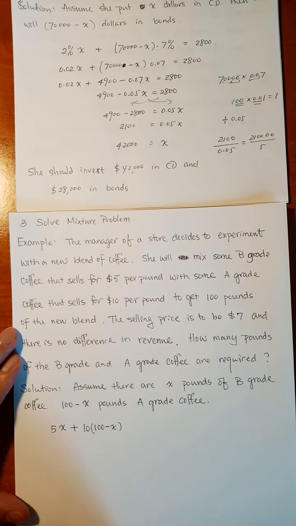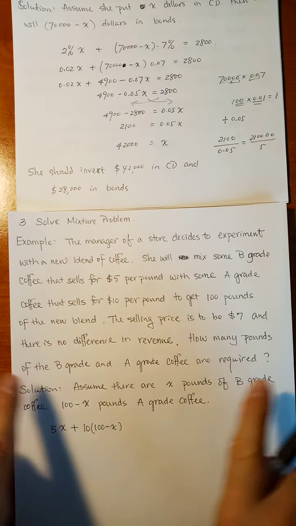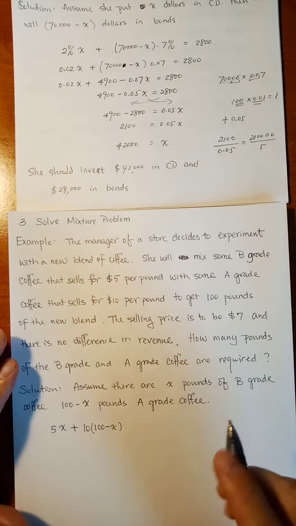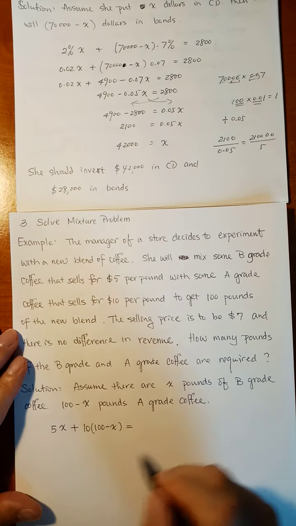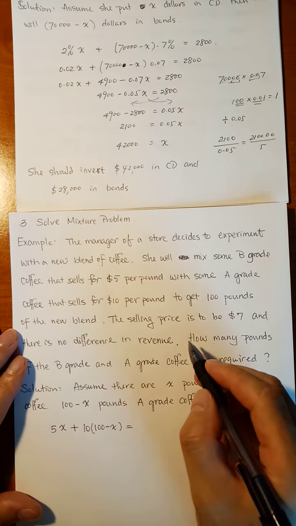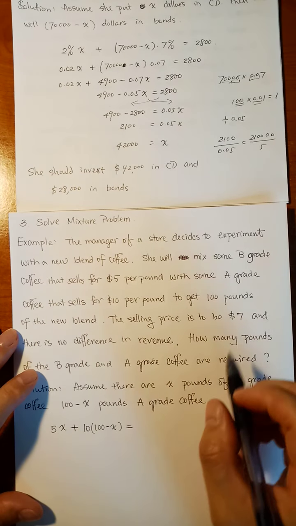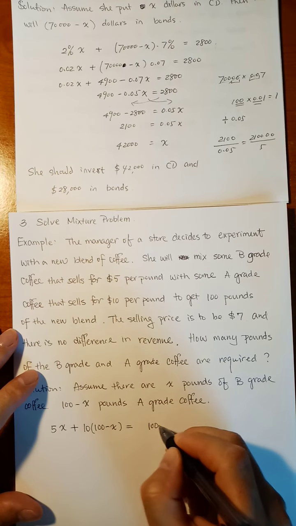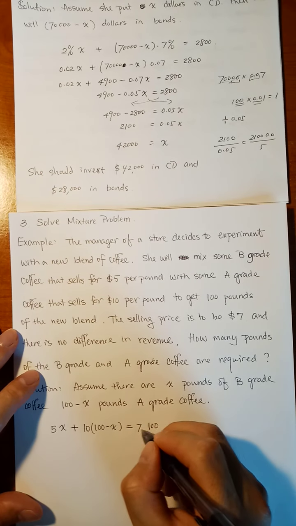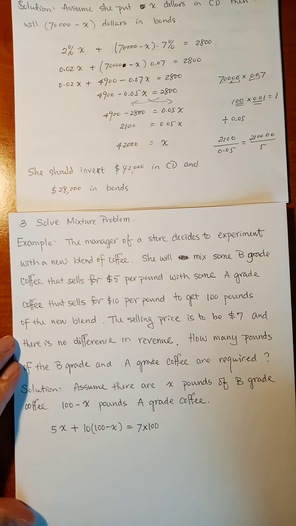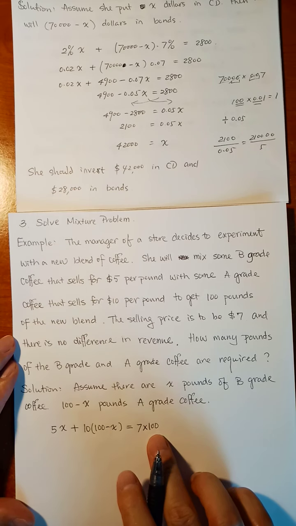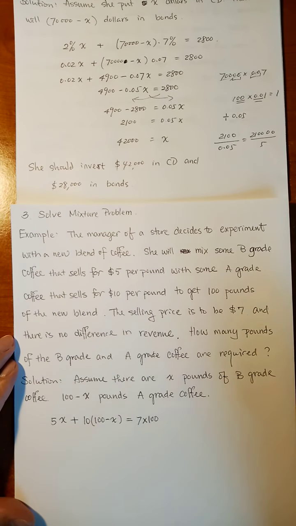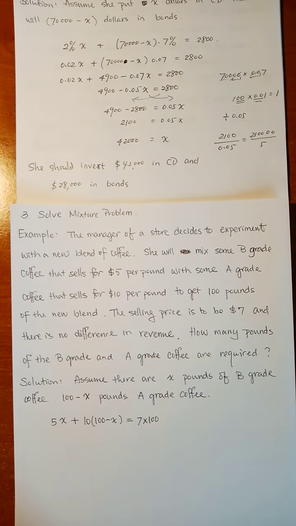You add them together, this is total earning when you sell both grades separately. It should equal the new blend. The new blend has 100 pounds, but the price is 7. So 7 times 100 is the revenue, the earning when you sell them as a blend.